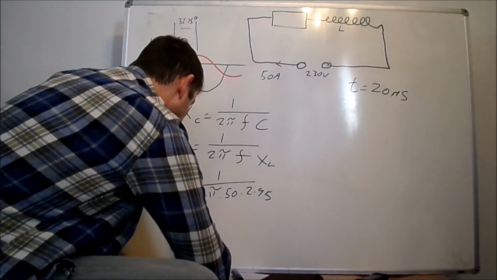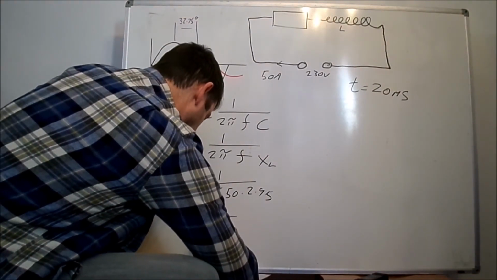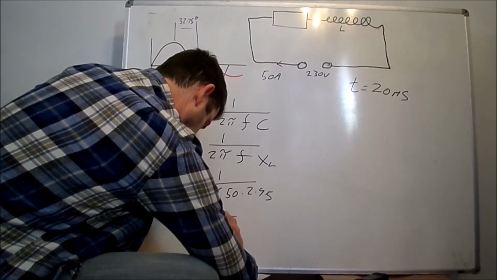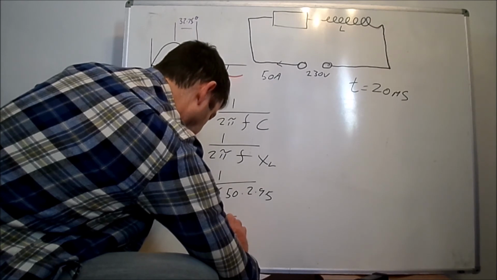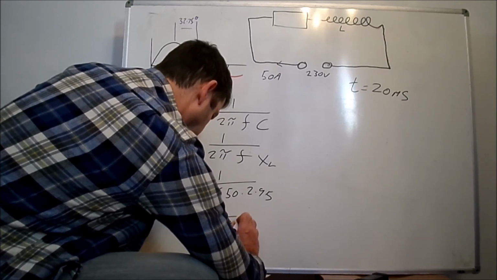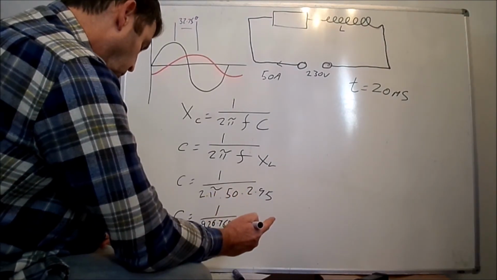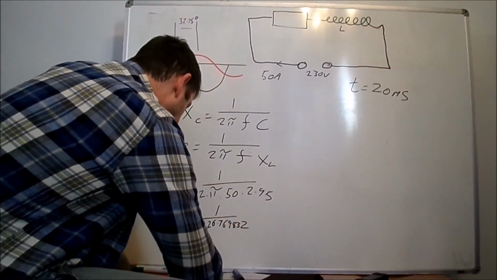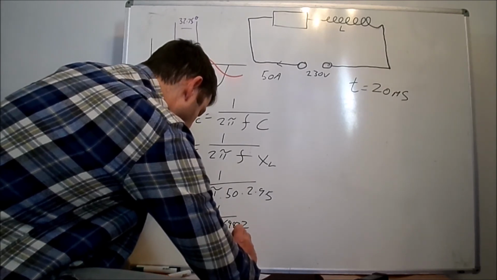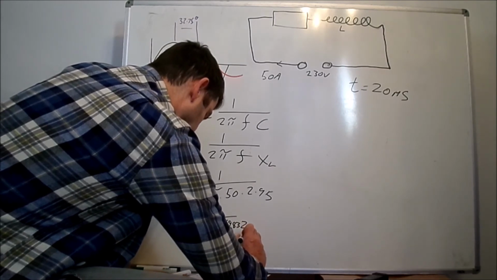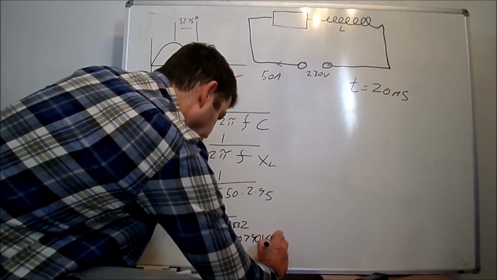So C is going to be 1 over, it's a big figure, 926.769832. And so, if we divide that out, what we will find is that C is going to equal 0.000790416 farads.